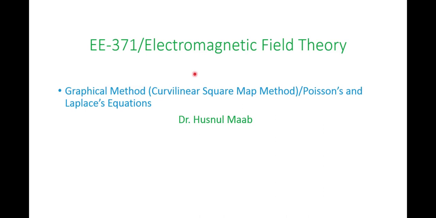In this lecture you will learn the graphical method, which is an approximate method, also known as the curvilinear square wave method. This is an approximate method which you can apply even to determine the nonlinear behavior produced at the edges and corners of conducting plates.